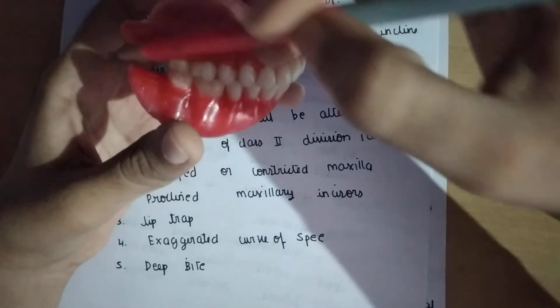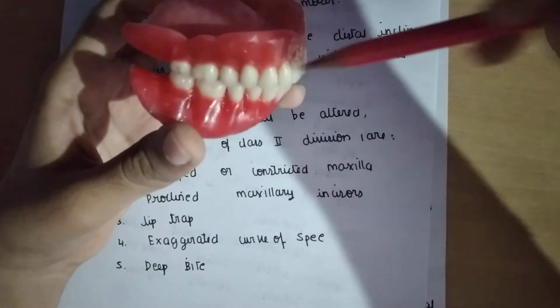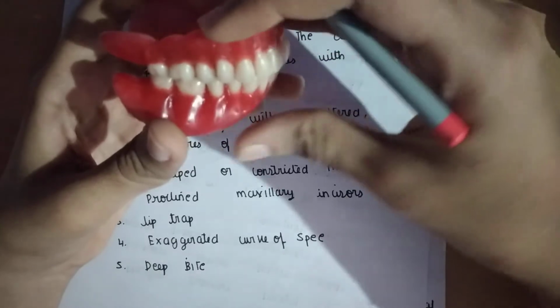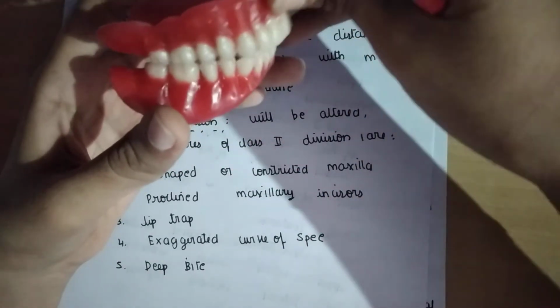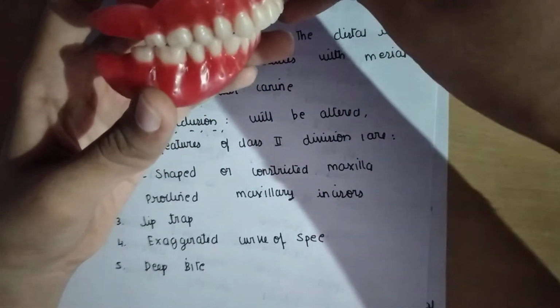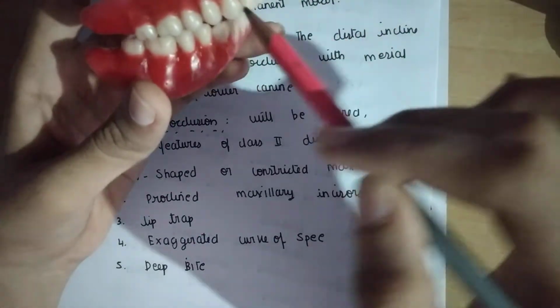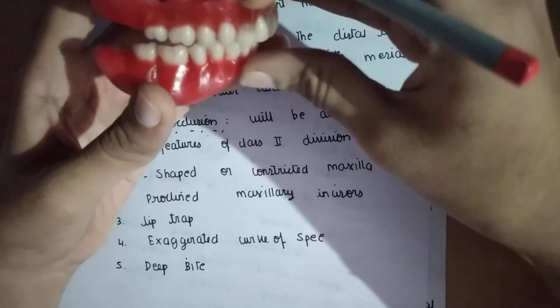It goes like this. So this is called the curve of Spee. If the teeth are more anteriorly positioned, the curve of Spee will be more exaggerated and the bite will be deeper.